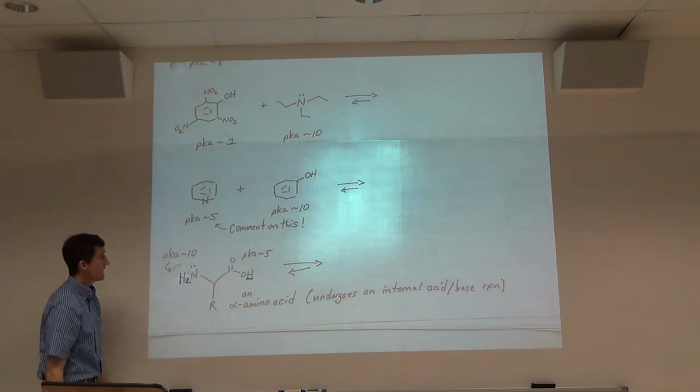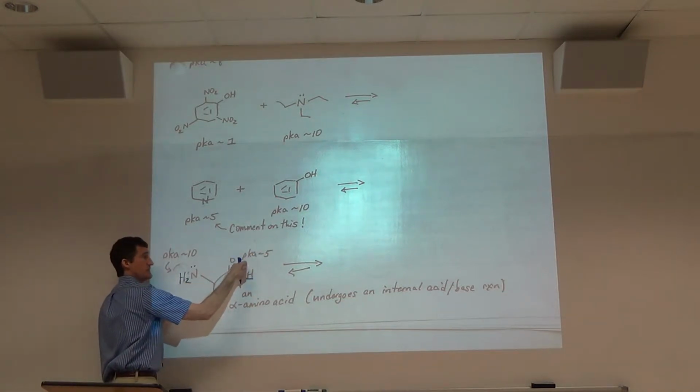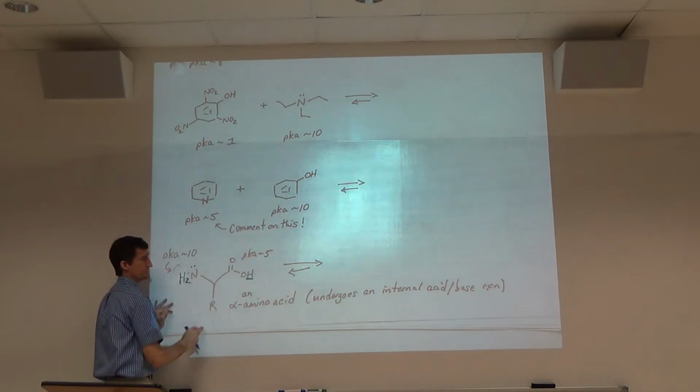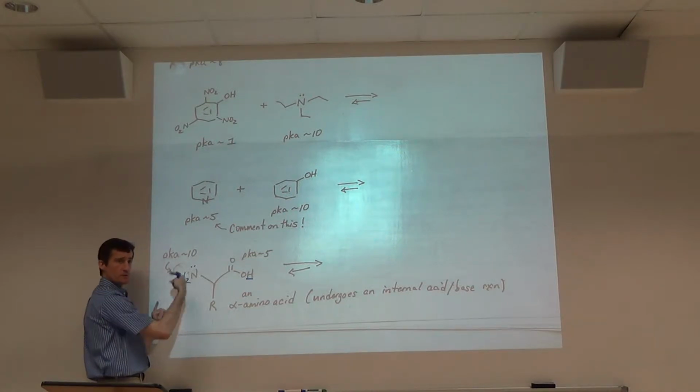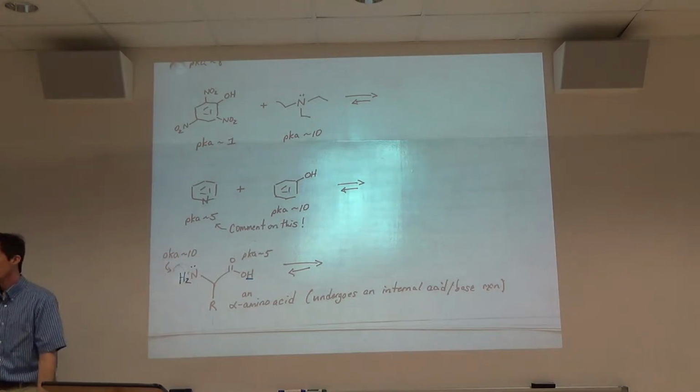Okay? The pKa of the acid here is 5. That's carboxylic acid. We'll talk about the other pKa, but first show your acid-base reaction. What's the product going to look like when the internal acid-base reaction takes place? Show what it'll look like. Now, if you're doing a mechanistic arrow, that's great.